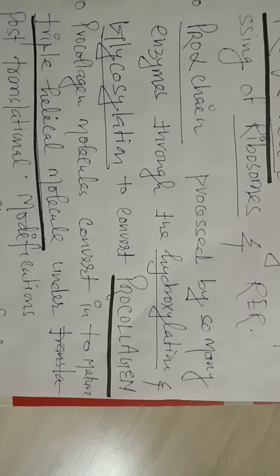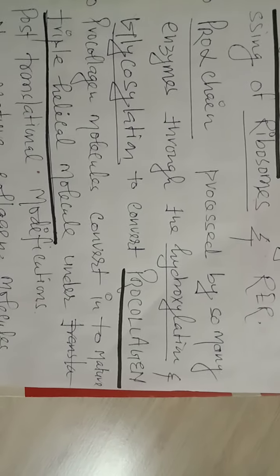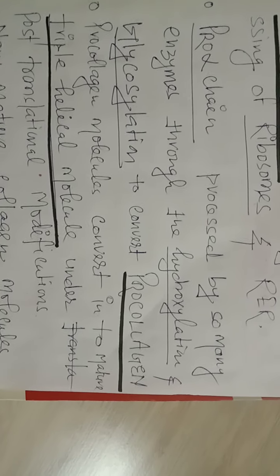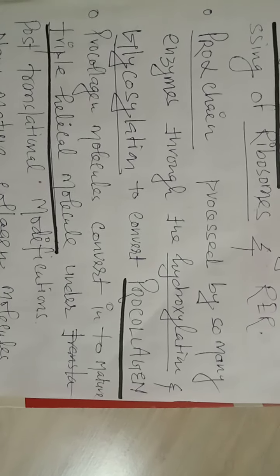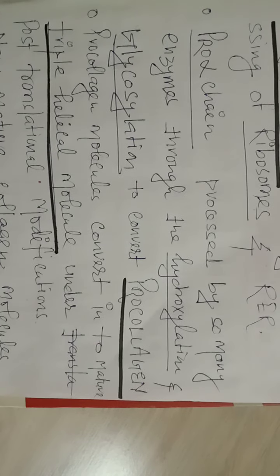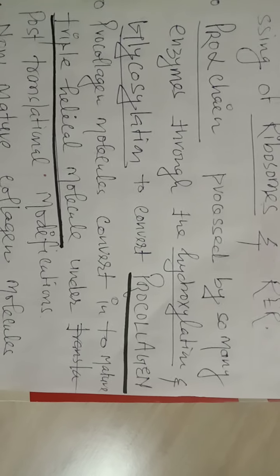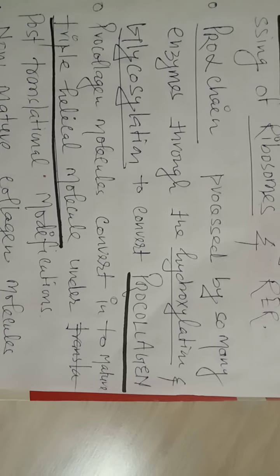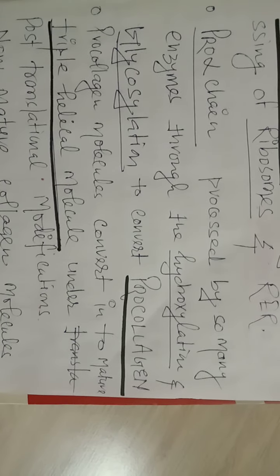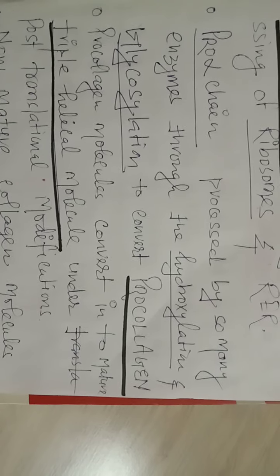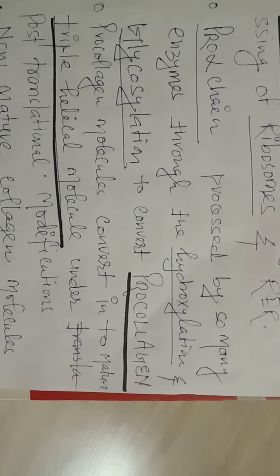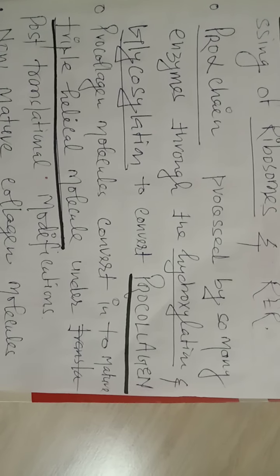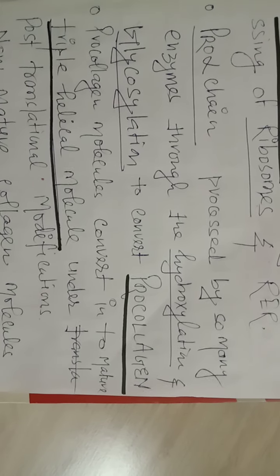Now these procollagen molecules convert into mature triple helical molecules. These procollagens combine with each other and they will form the triple helical molecule under post-translational modification.